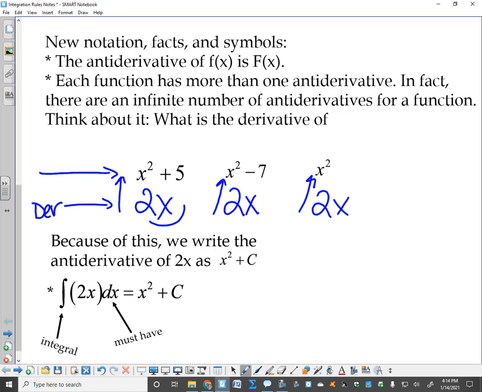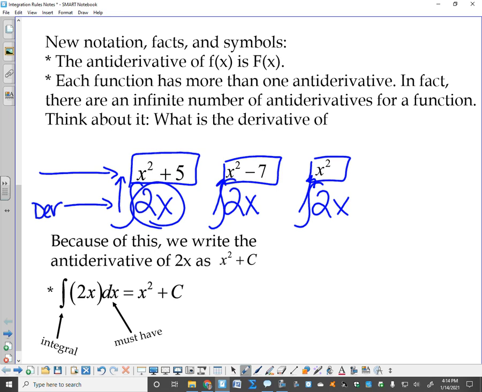So now I'm going to give you 2x. You're going to integrate it and tell me that it's x squared plus 5. Or you're going to integrate 2x and tell me that it's x squared minus 7, or that it's just x squared. I have to give you another piece of information for you to be able to know what that constant term is, because when you take the derivative of the constant, it goes to 0.